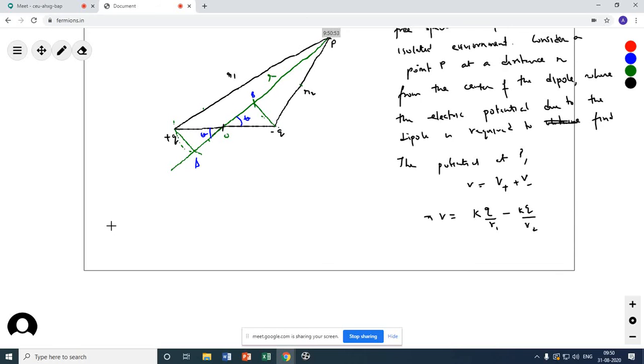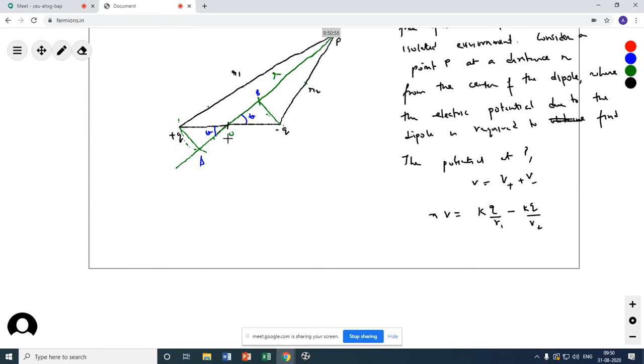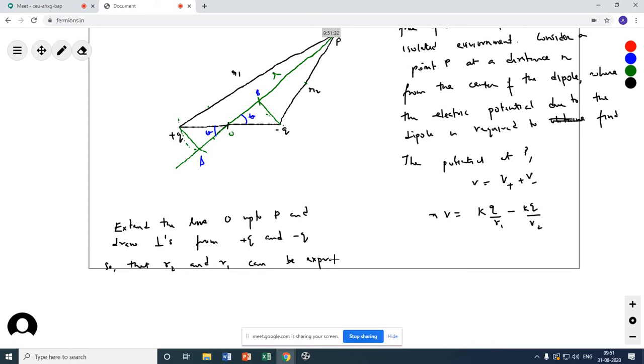We will just say that extend the line O up to P, and draw perpendiculars from plus q and minus q, so that R2 and R1 can be expressed in terms of known quantity r.